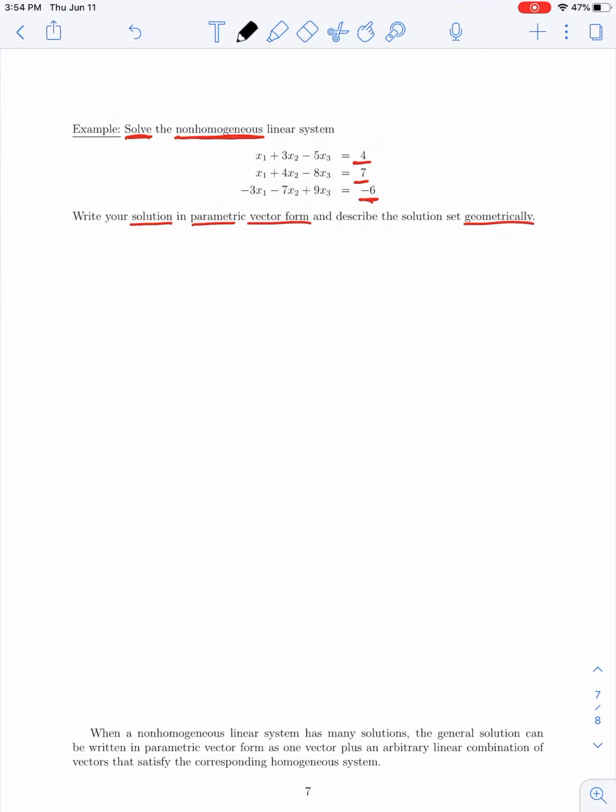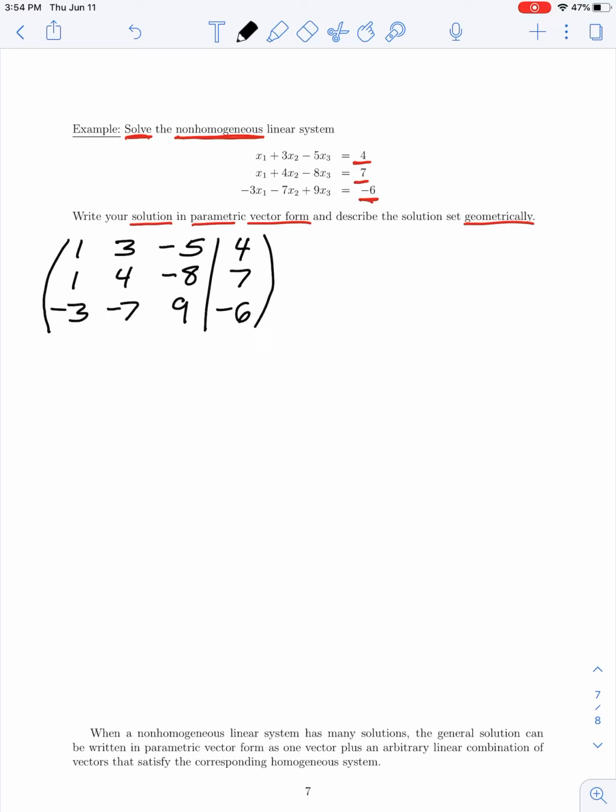So let's see what we have here. In order to solve our system, we will write this as an augmented matrix: 1, 3, negative 5, 4, 1, 4, negative 8, 7, and negative 3, negative 7, 9, negative 6. All right. So to simplify this, using row reduction, I might first take row 2 minus row 1.